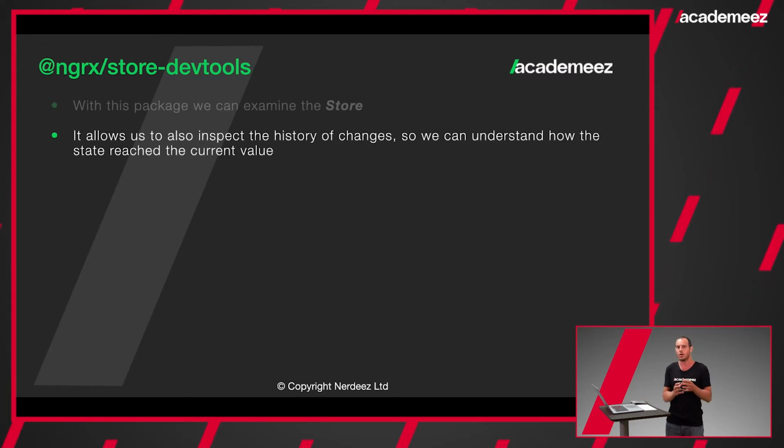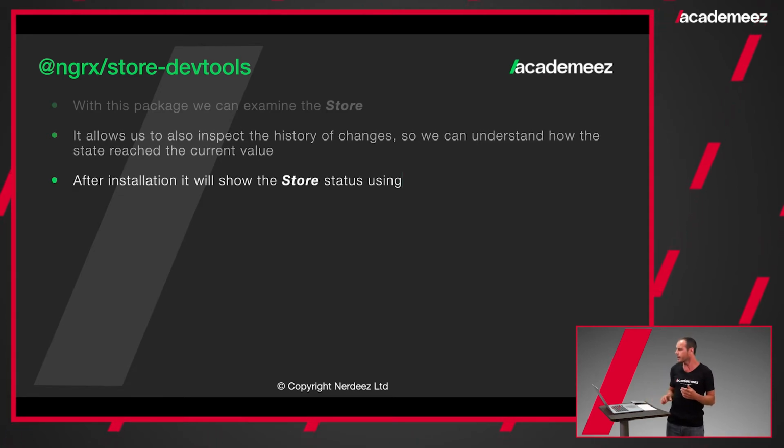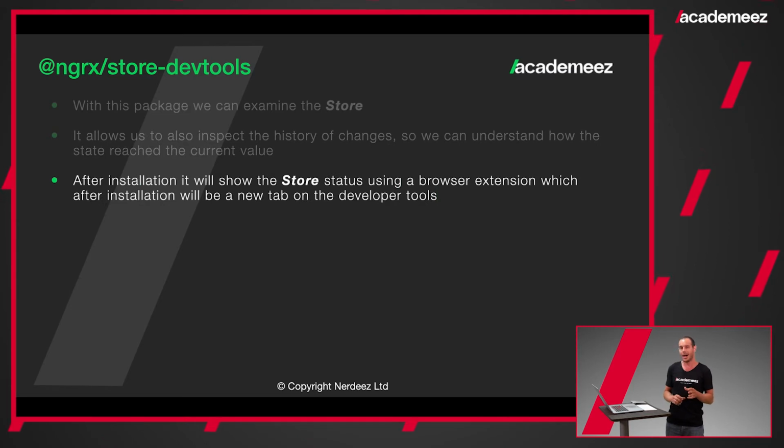You not only can inspect the current state in the store, you can actually see how the state reached its current position. So you have a history of how the state got to where it is now. And basically, you see it with a browser extension.